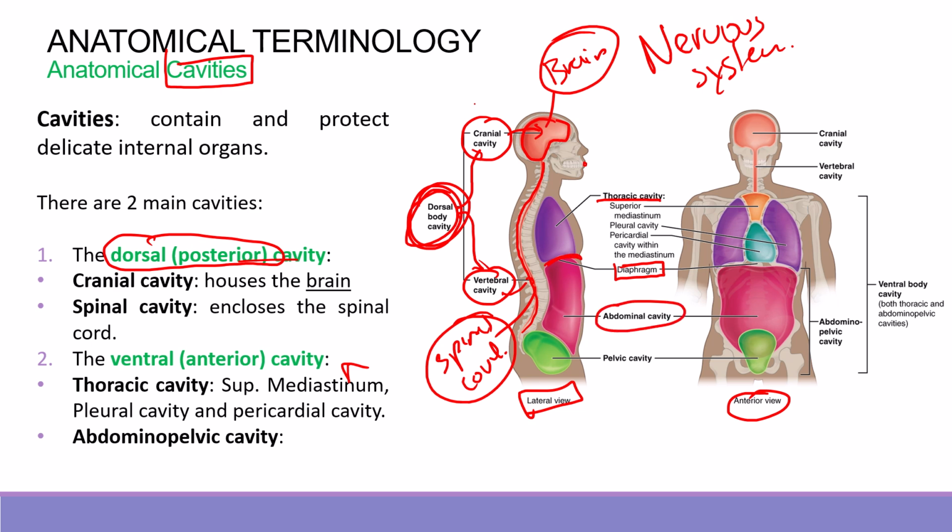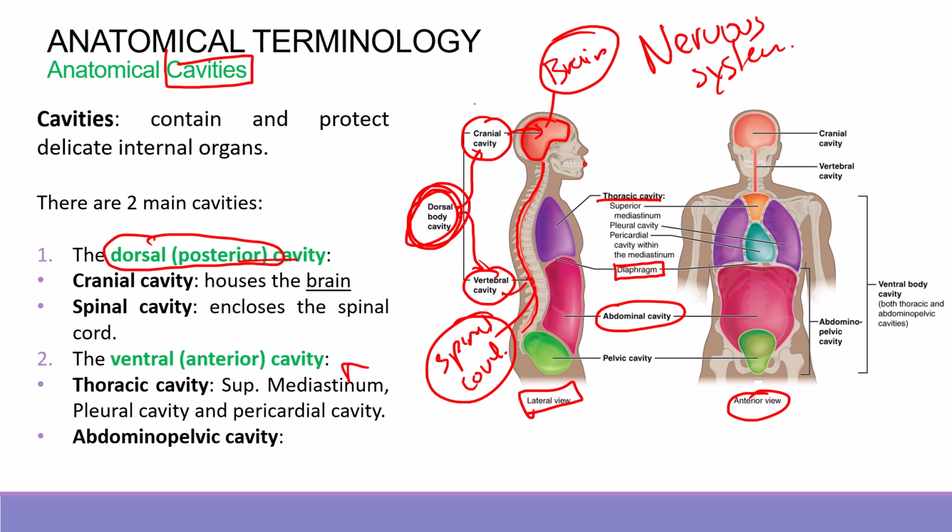So everything below the diaphragm is abdominal cavity. Everything above the diaphragm is thoracic cavity. Now there's nothing between the abdominal and pelvic cavity that defines it, like the diaphragm does for the thoracic and abdominal. But in general, the hole between two coxal bones is where we have the pelvic cavity.